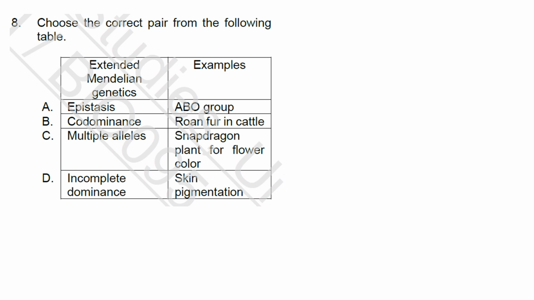So epistasis, example is ABO blood group. So this one is obviously wrong. For ABO blood group, it involves multiple alleles and also codominance. Okay, number 2, codominance, roan fur in cattle.